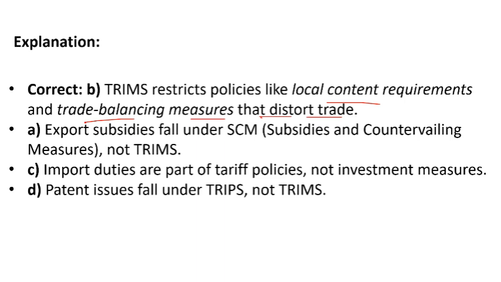We have completed this point in the theory session. Export subsidies fall under SCM, subsidies and countervailing measures, not TRIMS. Import duties are part of tariff policies, not investment measures. Patent issues fall under TRIPS, not TRIMS. So that is why these are the wrong answers.